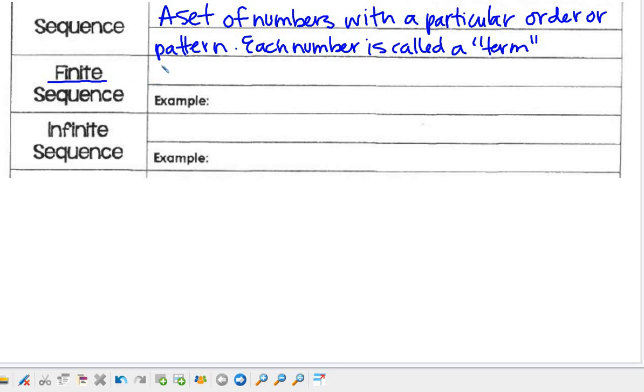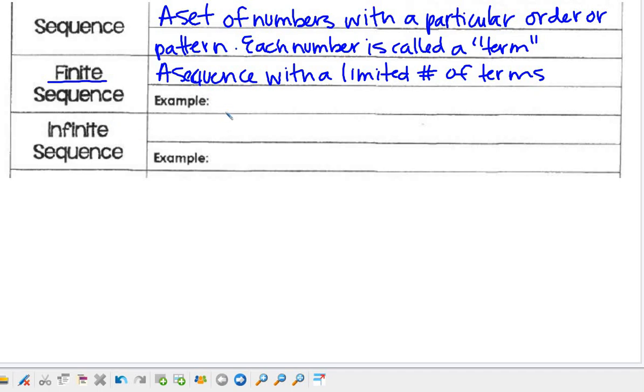So a finite sequence is a sequence with a limited number of terms. So remember, this can span anywhere from 2 to 2 million. It just has to have an end.